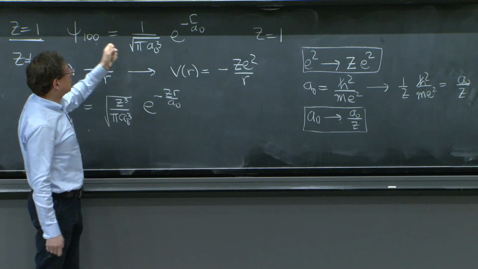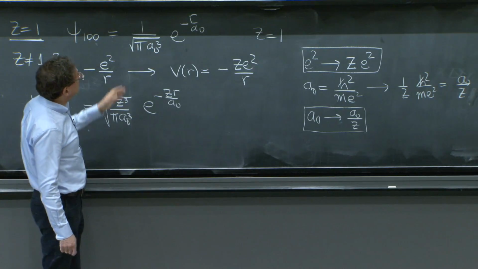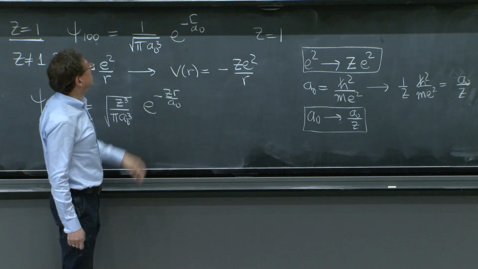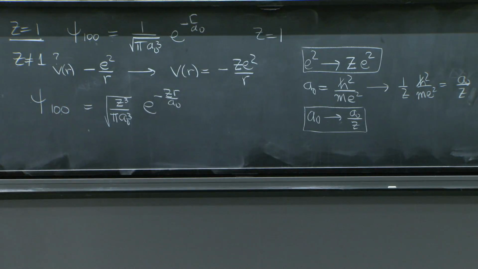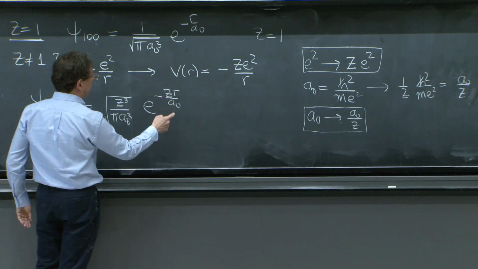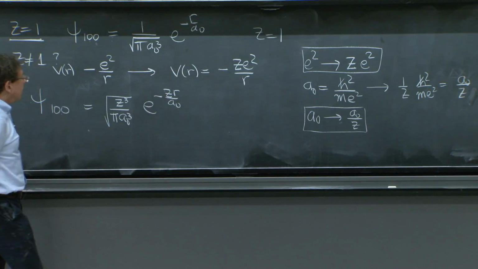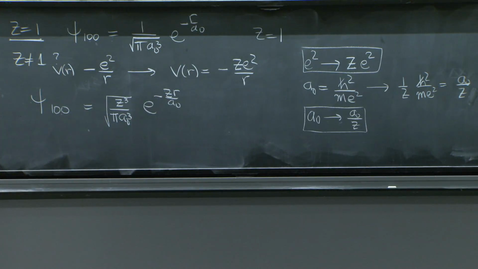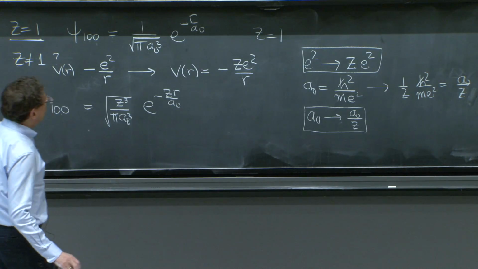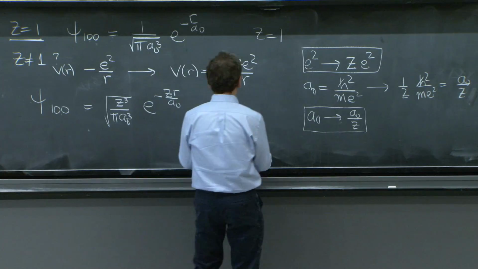You check psi squared integrated over volume is equal to 1. The A naught must be canceling here. And therefore, if it works for A naught, it must work for A naught over z. And that must be the wave function.